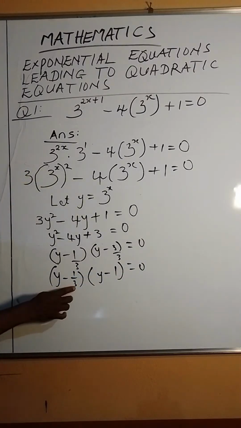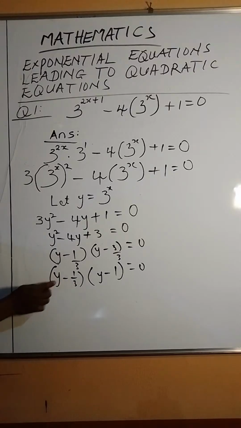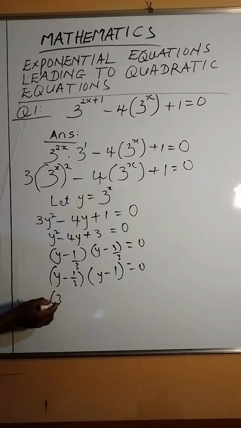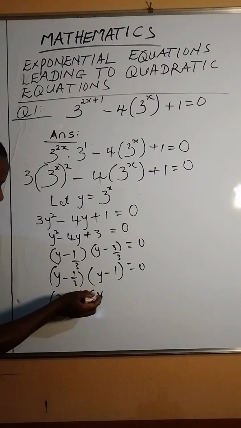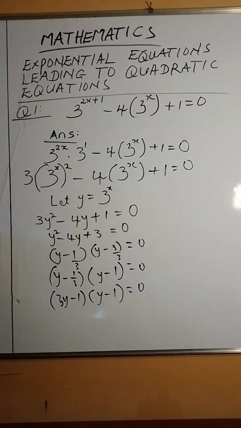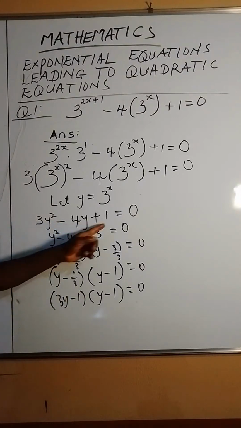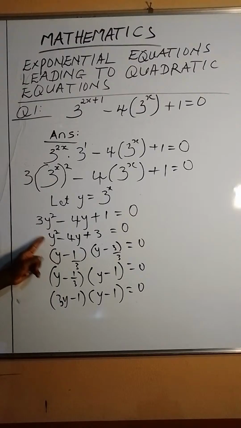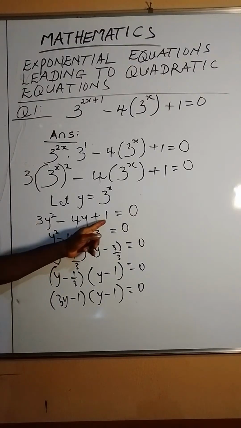Then in this case, just bring this 3 here. We are now going to have 3y minus 1, then bracket y minus 1 equal to 0. You can see what I have done here. The first thing, use this to multiply 1 here and leave it, transfer the 3 here and use it to multiply 1 here.